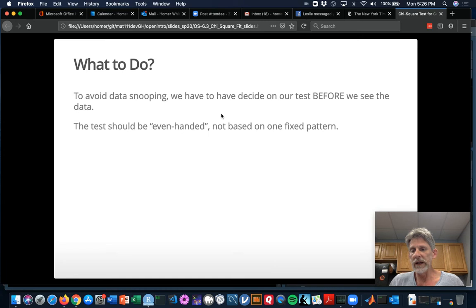You can't decide in advance, I'm going to test on how many 3s, because maybe the problem is the die is weighted towards 4s or 5s. How do you know in advance what to test on? Whatever you decide to test on, it needs to be something even-handed that's not based on one particular fixed pattern, like a lot of 2s or a lot of 3s.